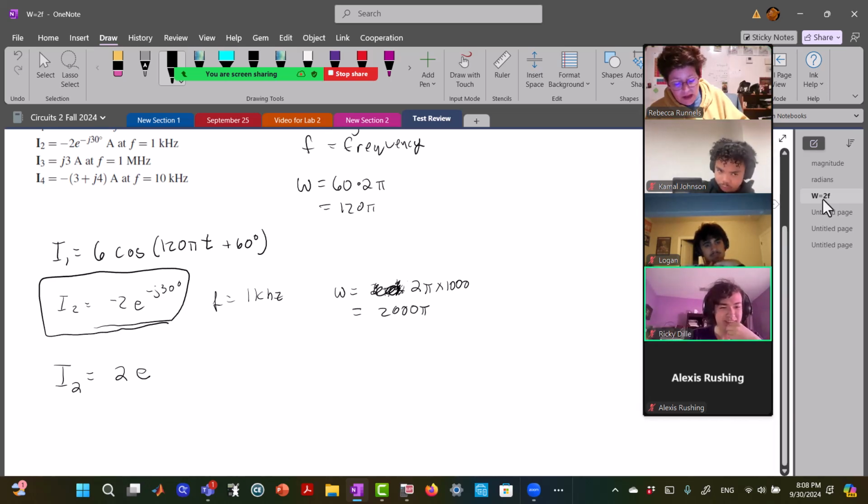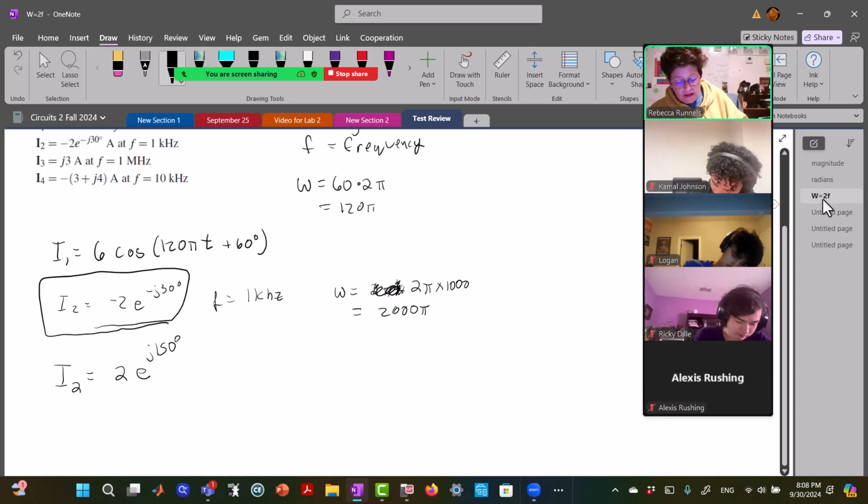Yeah, I'm going to add 180. So that'll give me e to the j 150 degrees. And when I do that, that becomes positive. So this means that I2 equals my magnitude, which is 2, cosine, and my angular frequency, 2,000 pi t, and then plus 150 degrees.